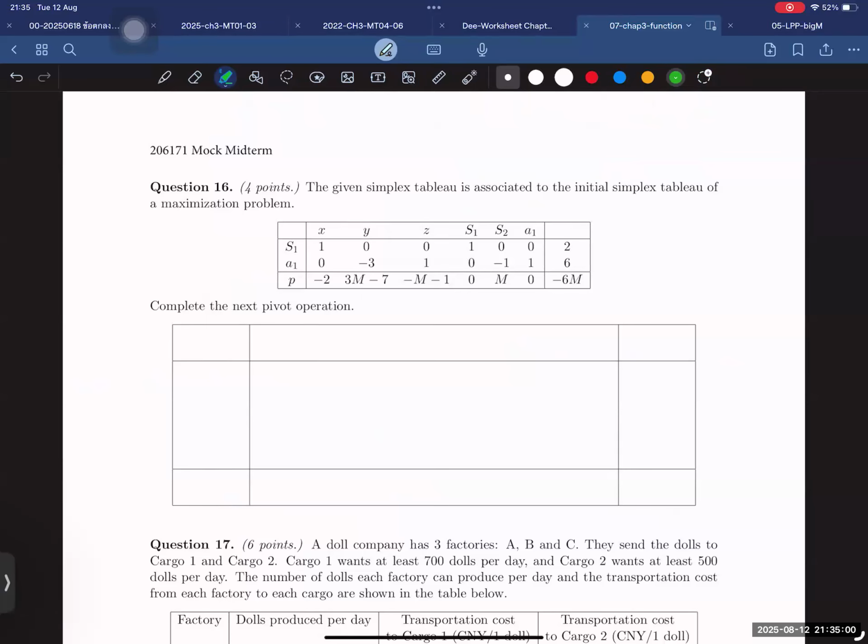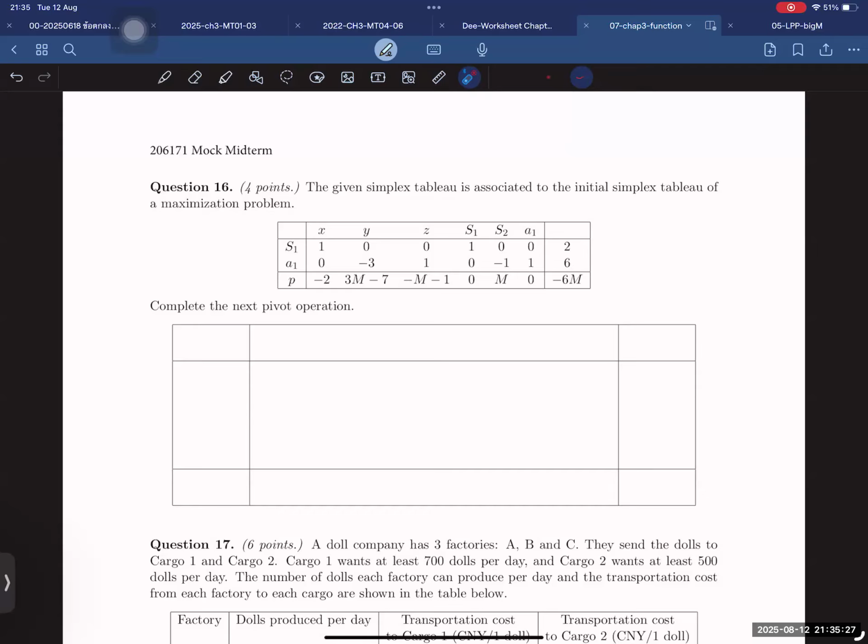Okay, given the simplex table associated with an initial simplex maximize problem like this, complete the next pivot operation. Okay, they already removed the M in the column of the artificial already. So for the next one, we just find the most negative in the simplex, right?